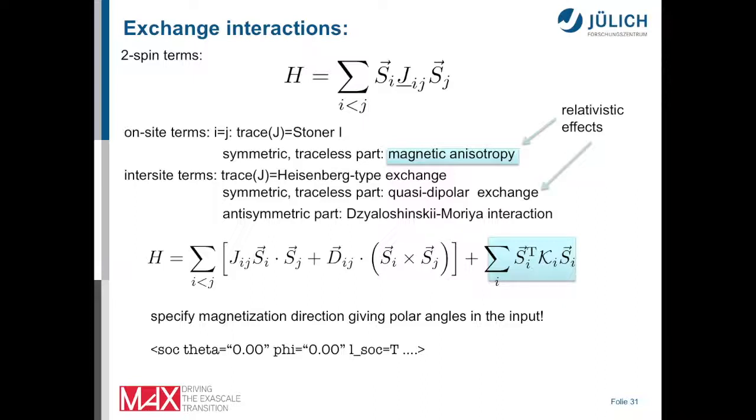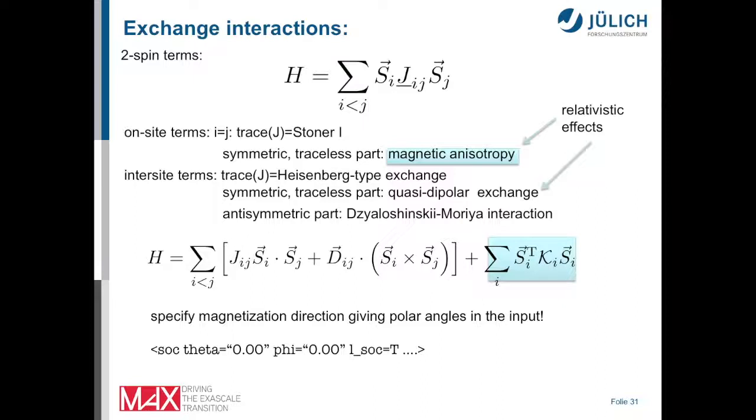And you can calculate that in your calculation. If you have, for example, a ferromagnet, you switch on spin-orbit coupling, and you determine the direction of the magnetization by two angles, theta and phi, which give you the polar and the azimuthal angle here.